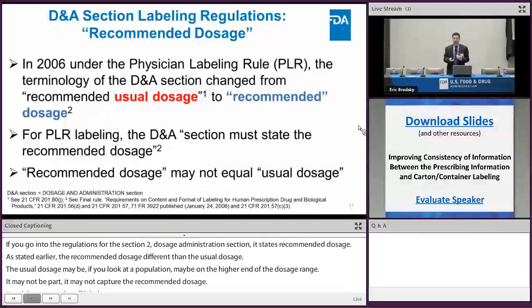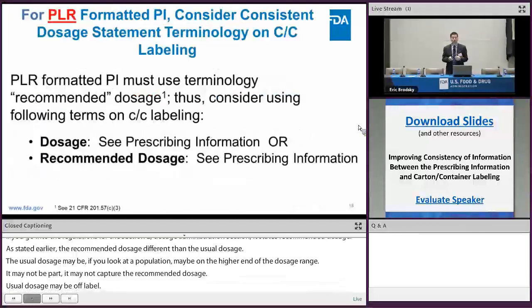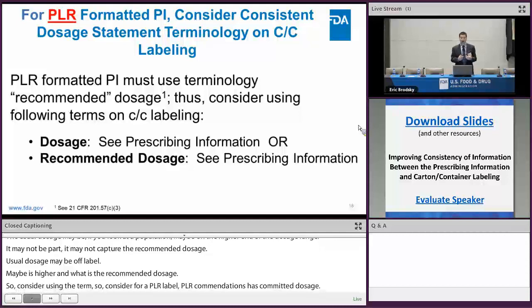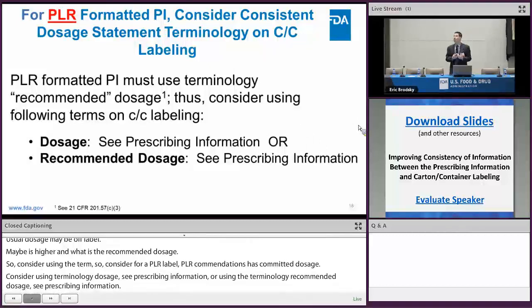So, for PLR labeling, where the PLR regulations have recommended dosage, consider using the terminology dosage, see prescribing information, or the terminology recommended dosage, see prescribing information. Again, this is if you can't fit the entire dosage recommendations on a small carton labeling or a small container label.